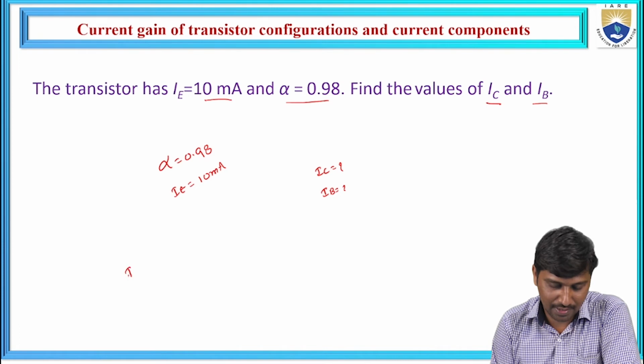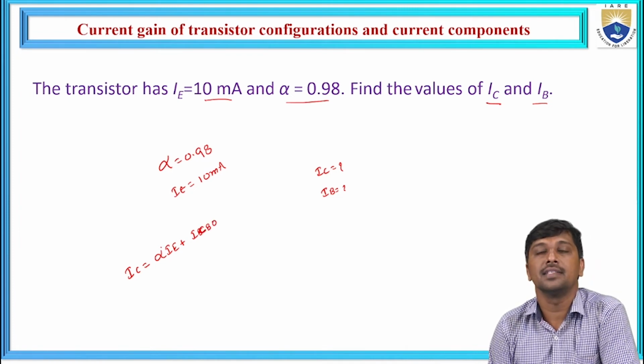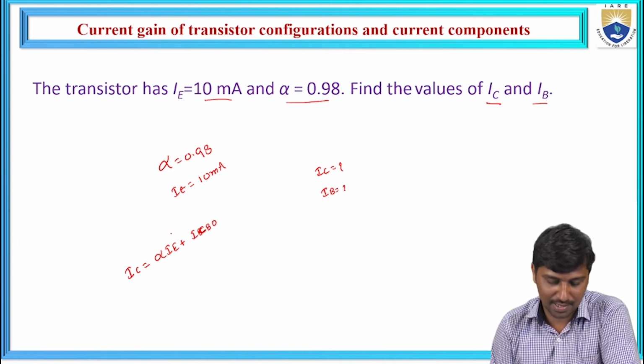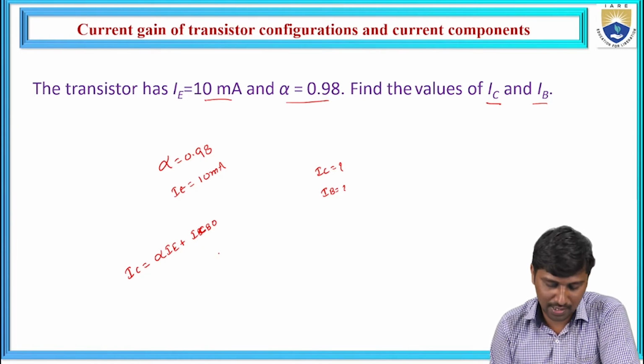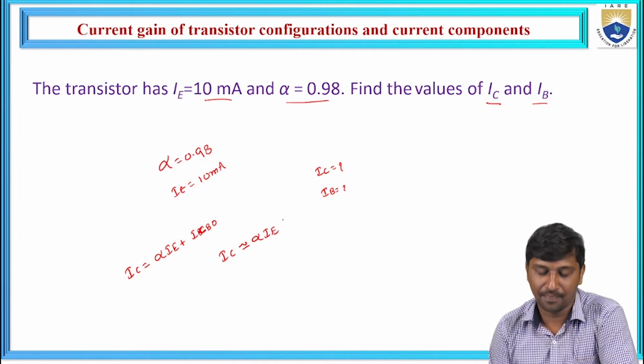We know one relation: IC is equal to alpha times IE plus ICBO, where ICBO is the reverse saturation current. It's very small, so IC is approximately equal to alpha times IE.